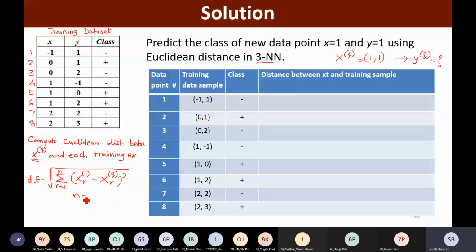Here the value of n is equal to 2 because we have 2 features describing each instance.